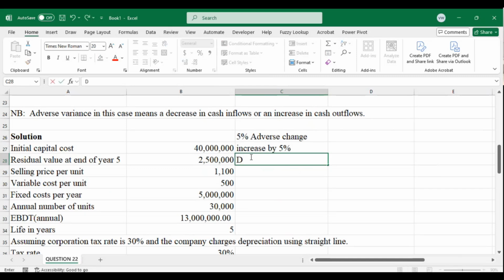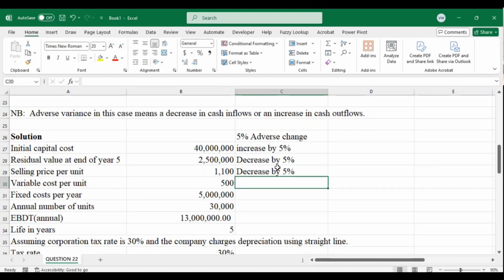So we expect it to decrease by 5%, and if it decreases by 5%, then it will have a net of 95%. Then when you talk about the selling price, remember selling price increases our inflow. So if the change is adverse, we also expect the selling price to decrease by 5%.